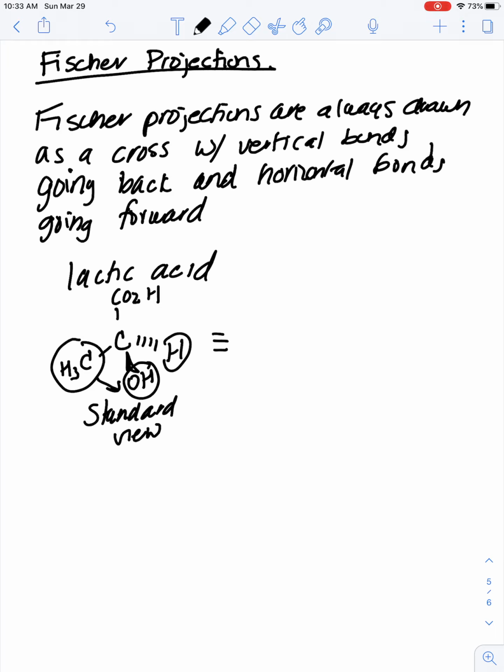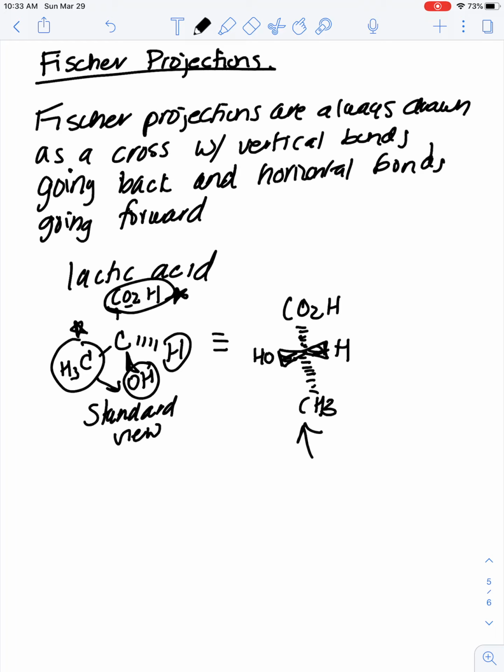So again, the OH and hydrogen, the wedge and the dash, are always going to be our horizontal bonds, and then our CO2H right here and our methyl are going to be our vertical bonds. So it's going to look like this. These are going to be going back, and then our alcohol and our hydrogen are going to be coming towards us.